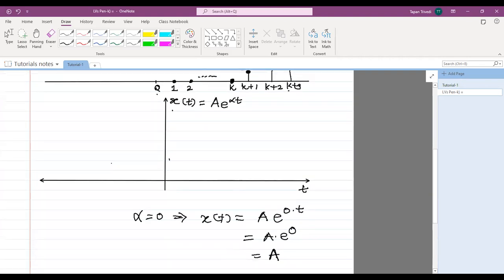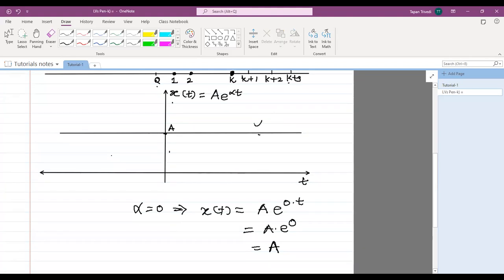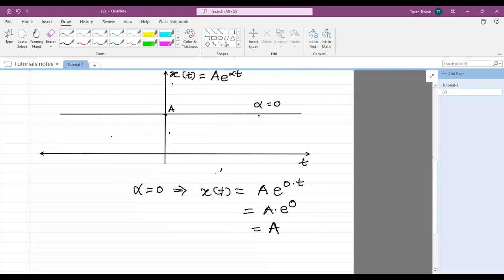So if this is a, then you will get a horizontal line passing through a. This is the condition of alpha equal to 0. But remember, this is also an exponential. Sir, we can draw it. Sure, you can draw it.